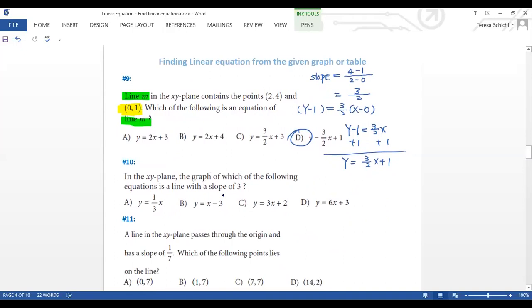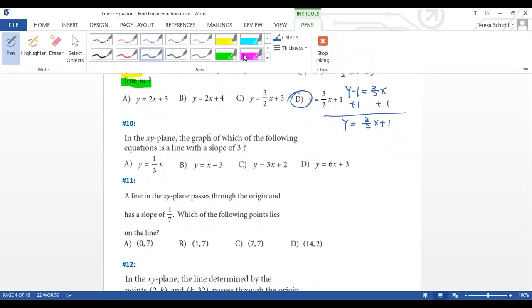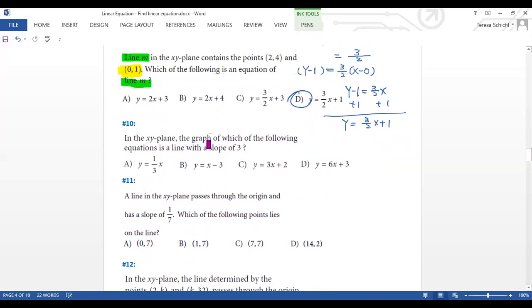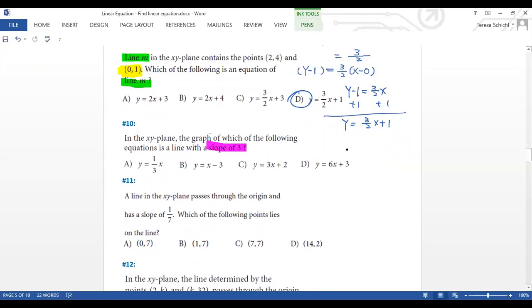Okay, so now number 10. In the xy-plane, the graph of which equation is a line with slope equal to 3? This is a pretty straightforward problem. For this type of problem, you should get it within about 20 seconds.